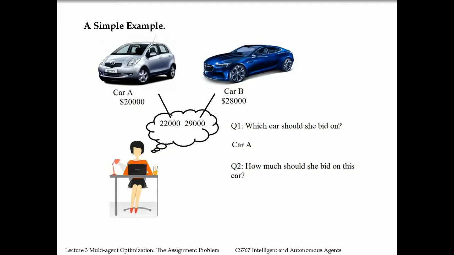Of course, the current price is $20,000. So in order to get the car, she needs to bid a higher price. Right? And she would really want to have this car. So she wants to bid at the highest possible price that she can in order to eliminate the competitors.